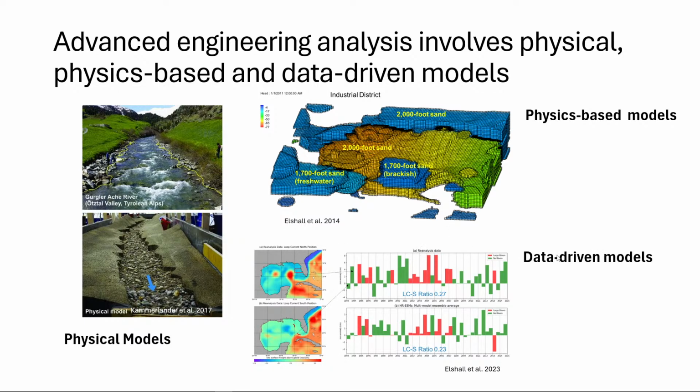Then there are other types of models that we also use in advanced engineering analysis. These are data-driven models, and these are covered in another course called environmental data science, which is mainly focused on data-driven techniques. And of course, you could have hybrid models, physics-based and data-driven. You can have a hybrid of these two. Okay.